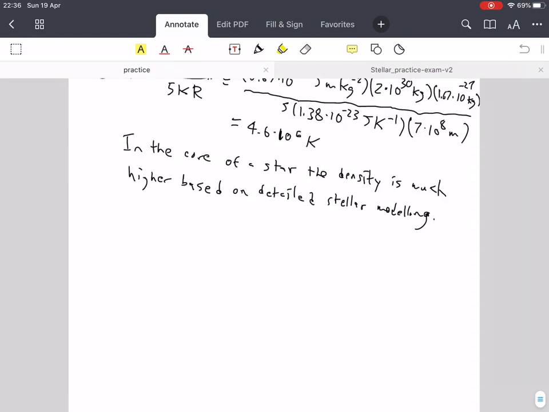All right, so 1.6, well, first of all, how do we do these calculations?